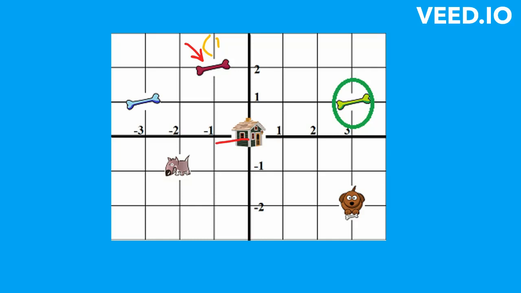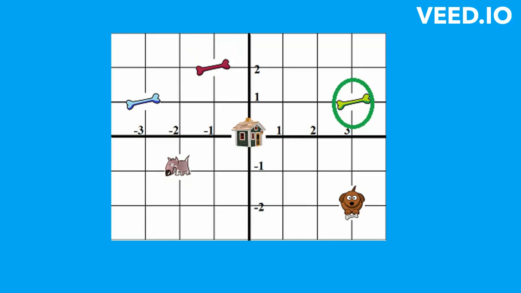So we need to put a negative there. -1, and it is 2 units from the origin in the direction of the y-axis. It is upward, so just 2.